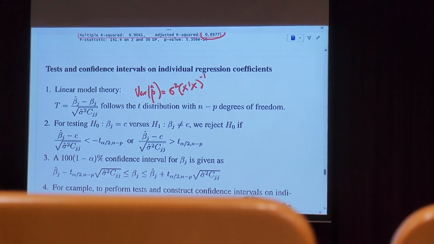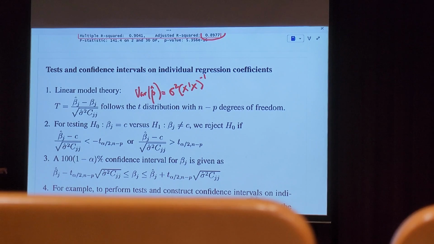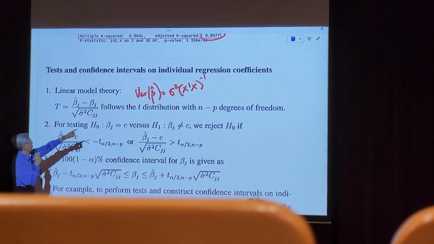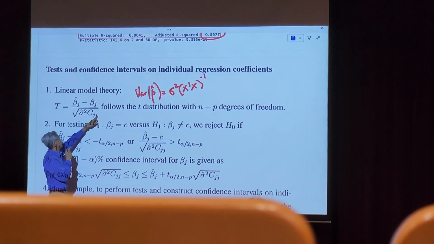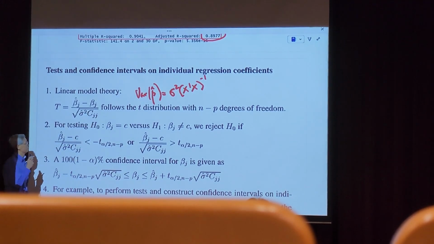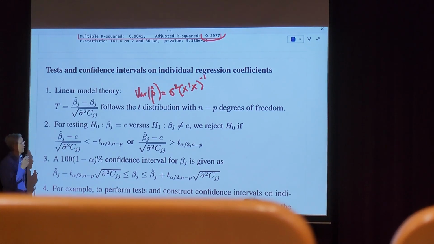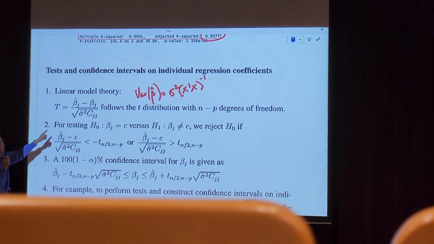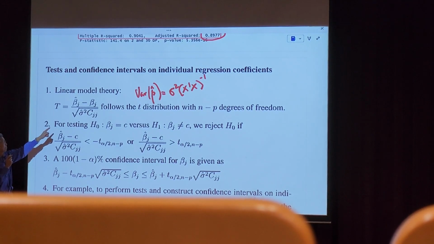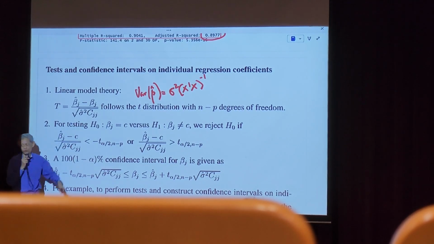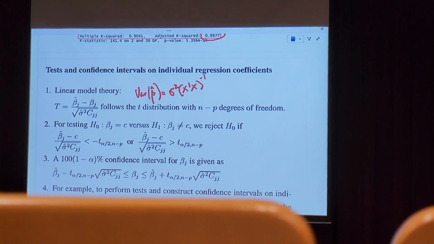Correct me if my memory is wrong. So in that variance covariance matrix, you can find the j-th diagonal element, and that would be your estimate of the variance of beta j.